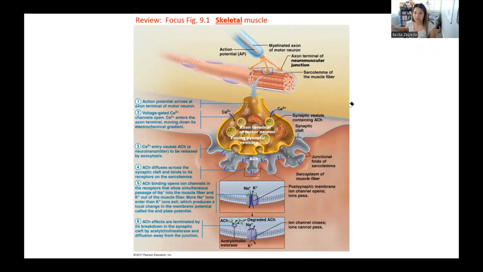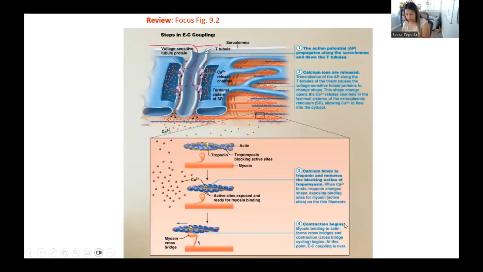For the T tubules, that's going to trigger the release of calcium from the sarcoplasmic reticulum. And then from there, the calcium is going to bind to troponin, which is going to allow the actin and myosin to come together and do the cross-bridge cycling, which allows for contraction of the muscle until we need to relax. Okay, so if you don't remember all of those steps from Bio 32, you need to go back, review that information, and make sure you have that down. Because it does apply here as well.